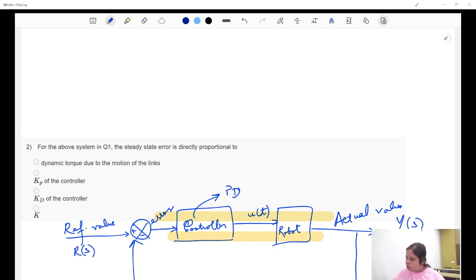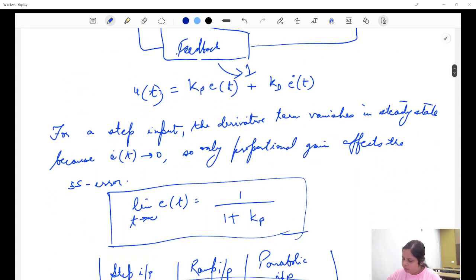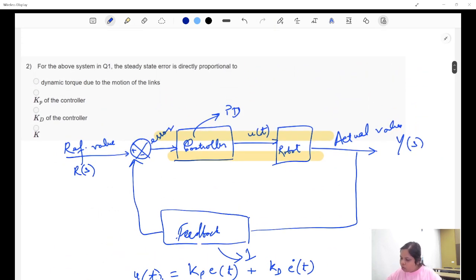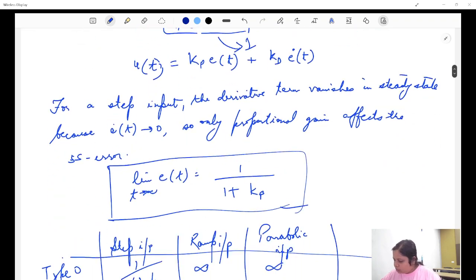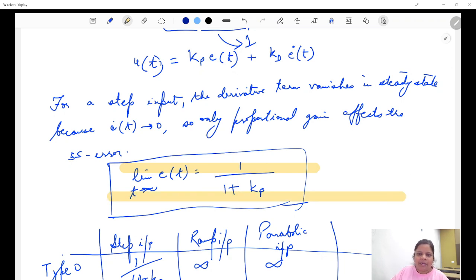We were at this point that we want to find out what the steady state error is directly proportional to. This is your answer ultimately, which we derived right now. For a step input, the derivative term vanishes in steady state because e dot t is equal to 0. We saw that in the Laplace domain as well.